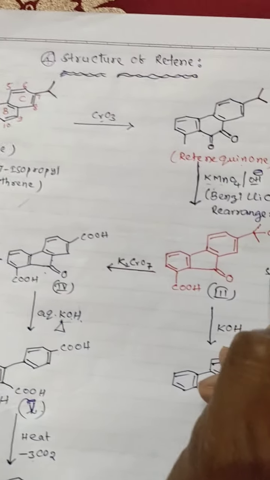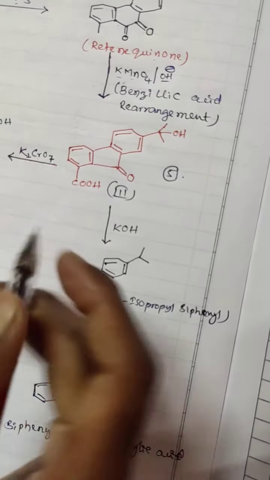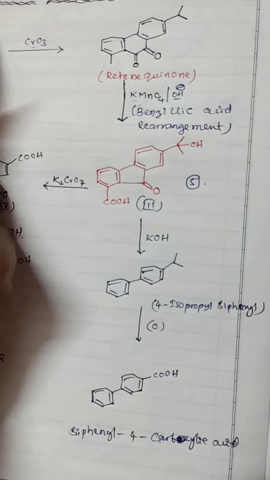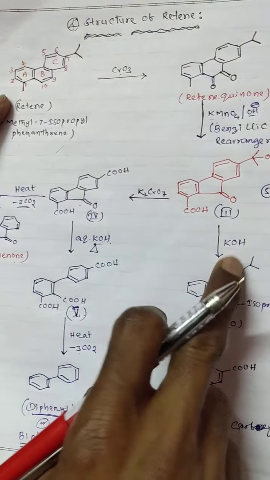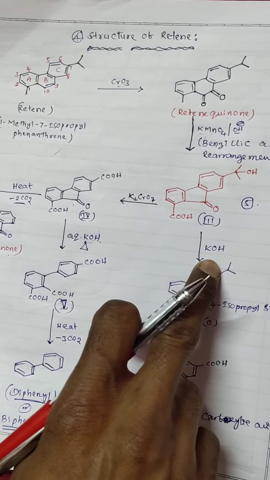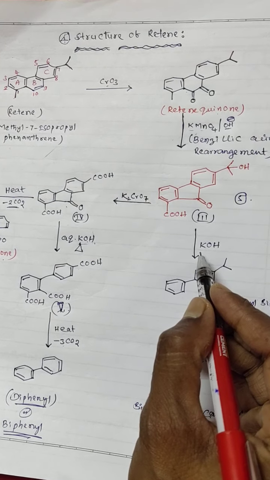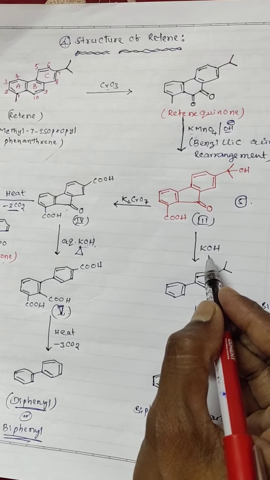Now the fifth point: come to the third structure. We have to identify the position of the isopropyl group. The position of the isopropyl group was established by fusing with potassium hydroxide.